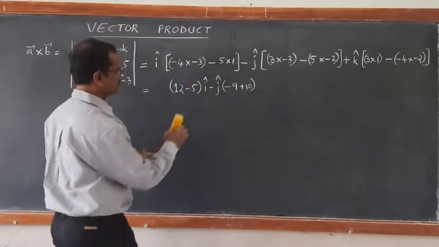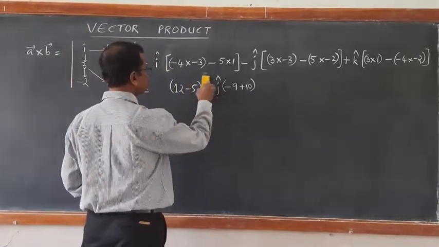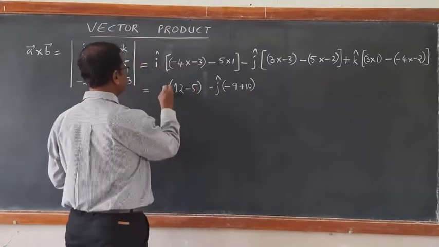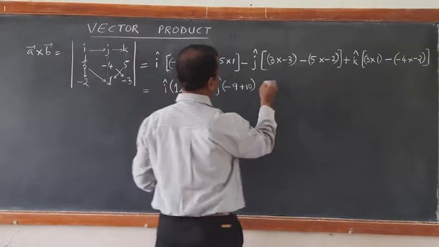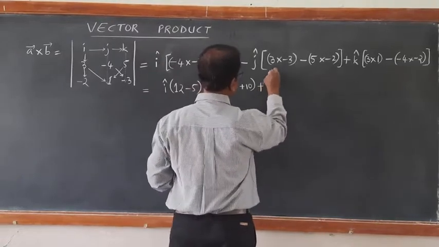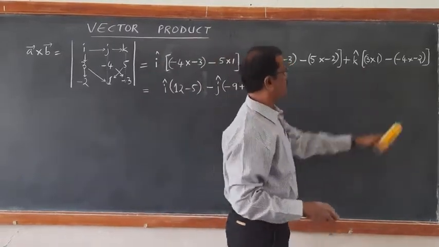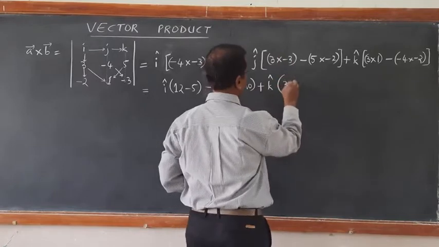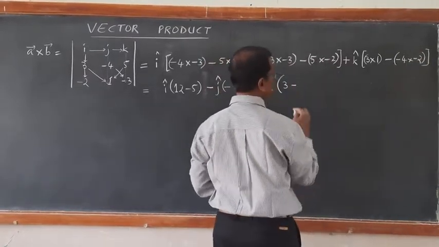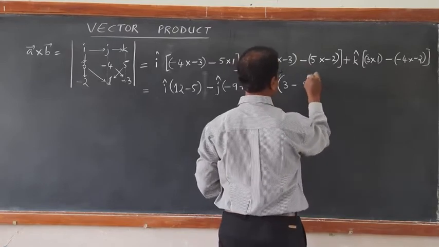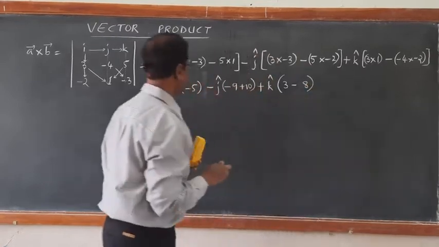Okay, I will write this i, otherwise it will be confusing. I minus j plus k. 3 ones are 3. 3 minus 4 into minus 2 becomes plus 8. 3 minus 8. Yes, now you got the answer.